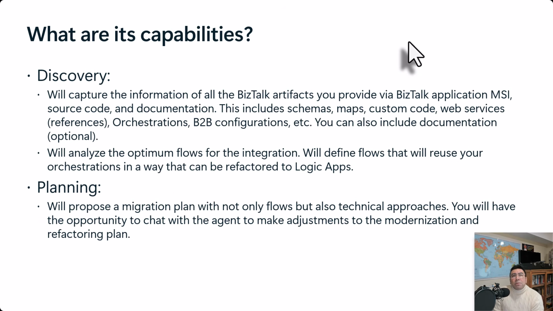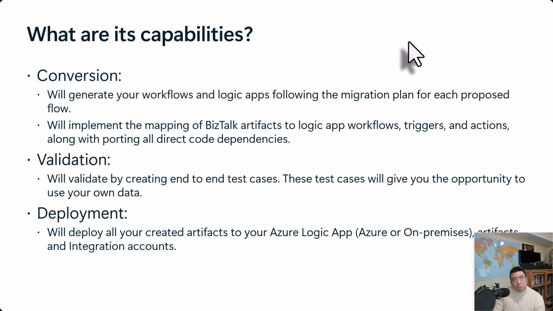Now, what are the capabilities of the agent? We call it agent, but it's a set of agents, as I said a few minutes ago. It starts with discovery, and then it will continue with planning. It will do conversion, validation, and deployment.